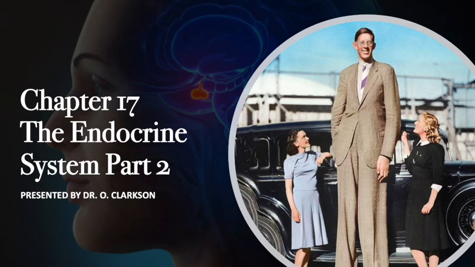And then in terms of oxytocin, so oxytocin versus prolactin. As I mentioned earlier in the previous slide, oxytocin is going to be specifically associated with the ejection of milk. But the actual production of milk is going to be associated with prolactin. But they basically work in concert together.